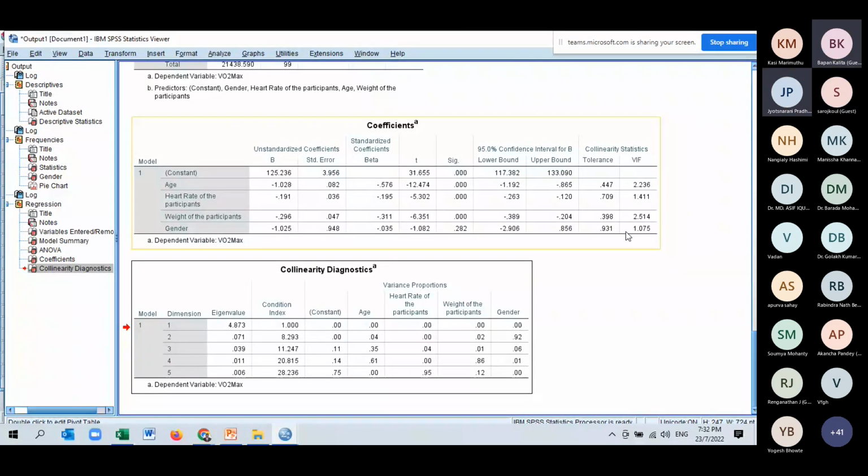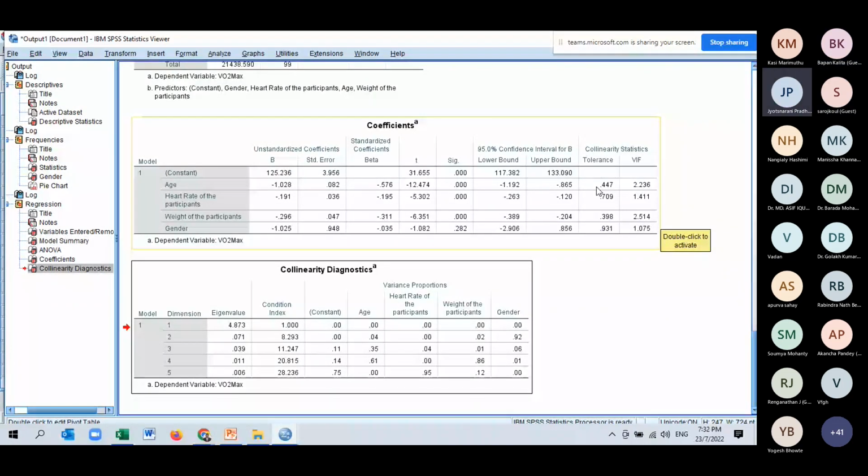It indicates there is no multicollinearity, meaning all your independent variables do not relate to each other. Anything less than 5 is well and good. Is that fine? Yes, sir. And tolerance should be less than 1.